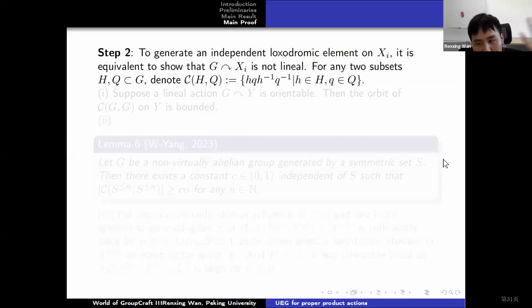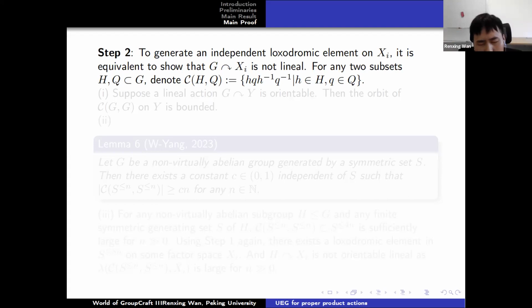And now we come to step 2. We want to generate another independent logarithmic element. Recall the classification of isometric actions on hyperbolic space. As we already have one logarithmic element, the group action cannot be horocyclic. So the other 3 actions are linear, focal, and of general type.